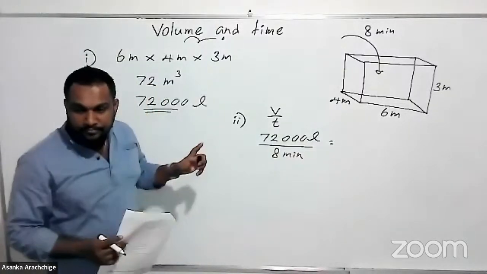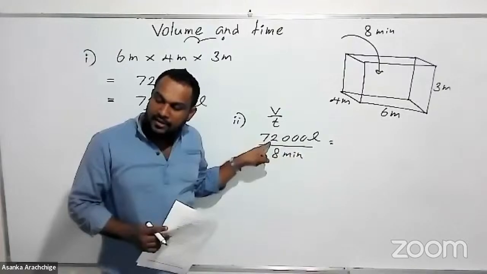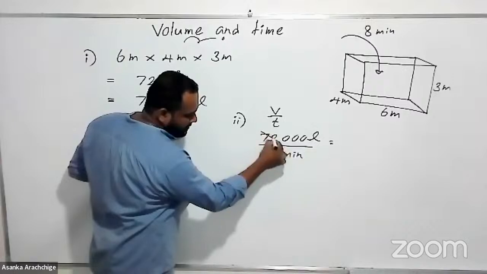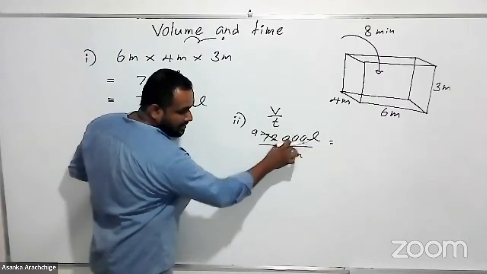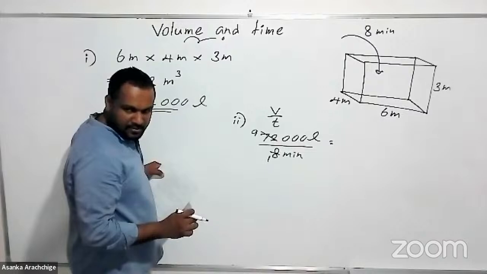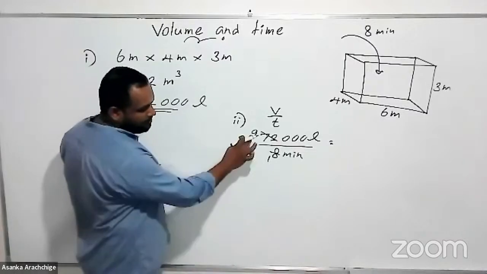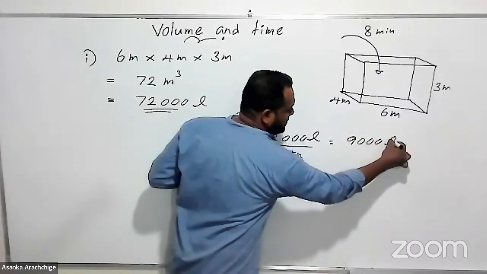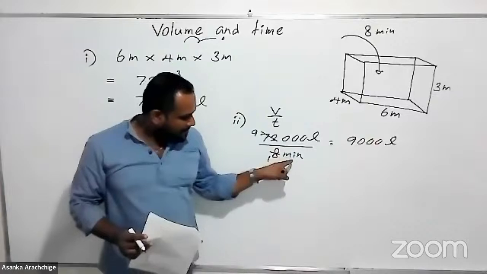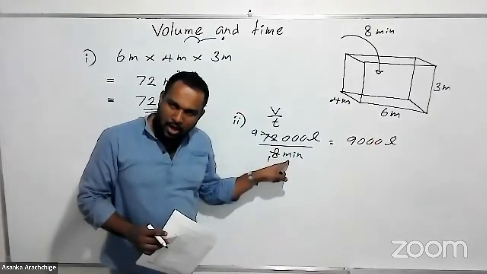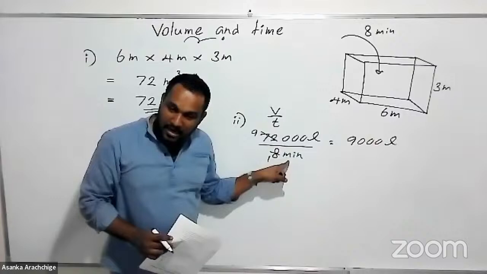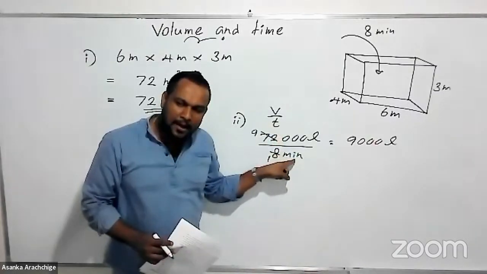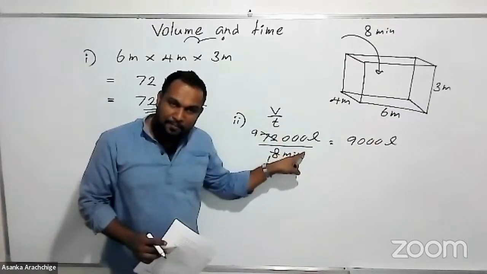How many 8s are there in 72, Darwin? 9. 8 times 9 is 72, and there are 3 zeros left. So 9,000 liters. Then what happens to this minutes? At the moment it is in the denominator, but we have to take it up to the numerator. Then how does it come up? Here it is minutes to the power plus 1 in the denominator.